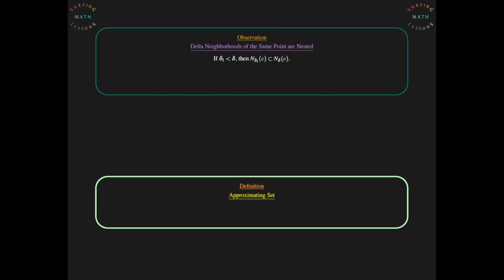That is, if delta 1 is strictly smaller than delta, then the delta 1 neighborhood of c is contained in the delta neighborhood of c. This is more easily seen from the viewpoint of the real line. From this, it is implicit that every good estimate of c with respect to delta 1 is also a good estimate of c with respect to delta.